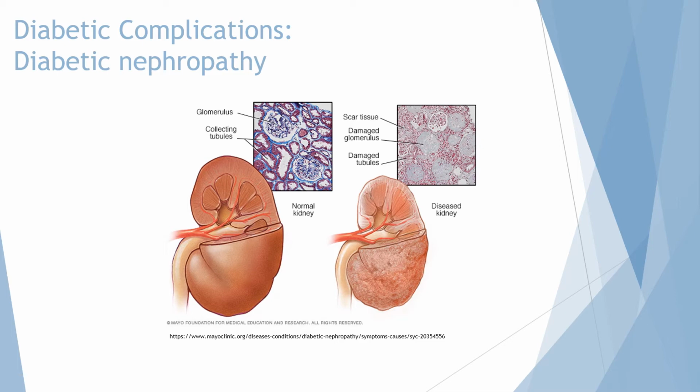Then secondly, a slow increase in albuminuria, or the content of albumin in the urine. The third stage that comes after that is the decrease in estimated GFR to below 60 and albumin creatinine ratio of 2 milligrams per millimole or greater. And lastly, the complication becomes end-stage renal disease.